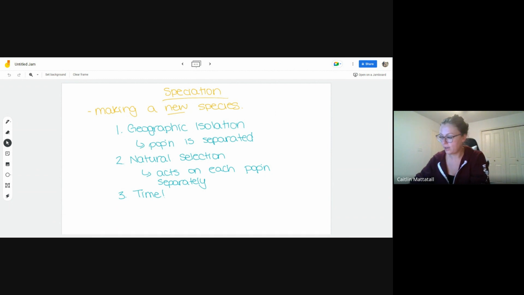But if we have this phylogenetic tree like this, and if we were to zoom in on this specific section, here at this branch, there is a common ancestor, so an original population.